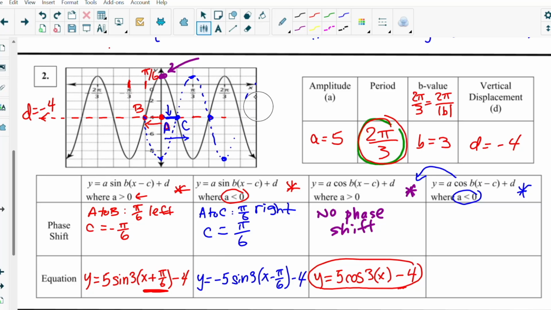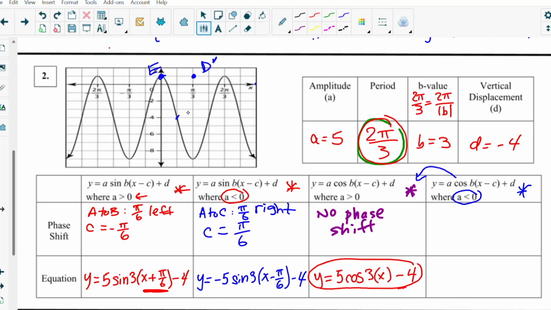Let me first clean this up. I'm going to label point D prime right here. Okay, that's D prime. And I'm going to label point E, which is right here, point E.